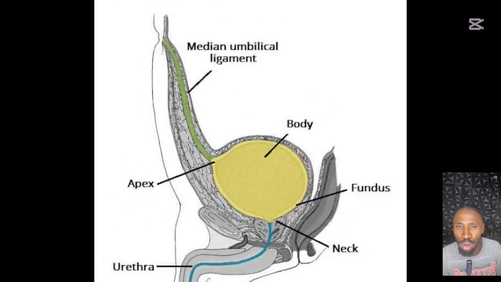In adults it becomes fibrotic. Why does it become fibrotic? Due to the closure of the placenta. When there is closure of the placenta after the baby has been born, it becomes fibrotic and forms the medial umbilical ligament.